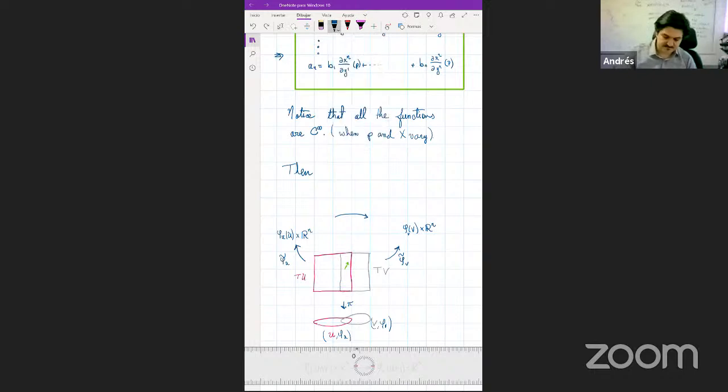Right? So it will be phi tilde V composed with phi tilde U inverse, and this is the map that I would like to show that it is smooth. If we prove that, we have that the charts are compatible.